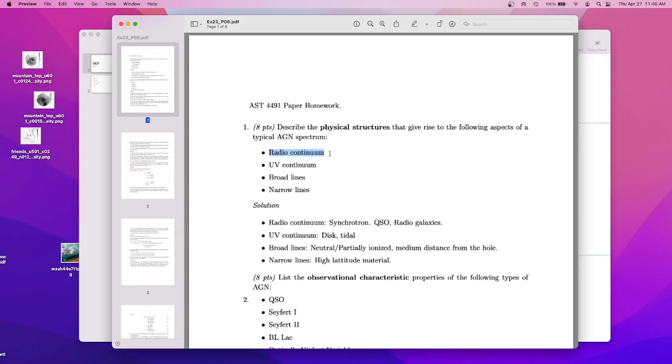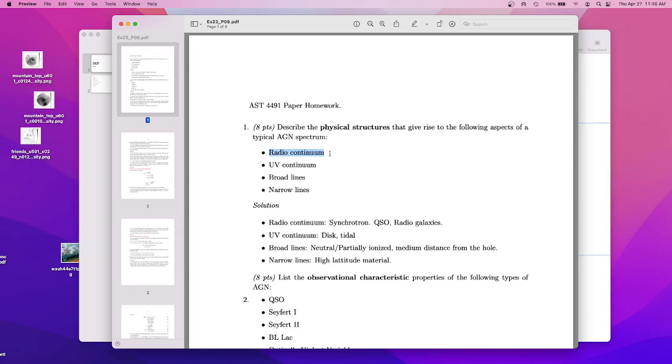When I'm answering this question, what I'm looking for is synchrotron and hot electrons. So the relativistic electrons spinning around magnetic fields, that's what gives us the radio. I'll give you partial credit if all you say is jet.